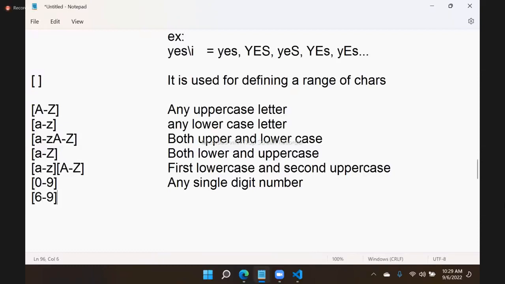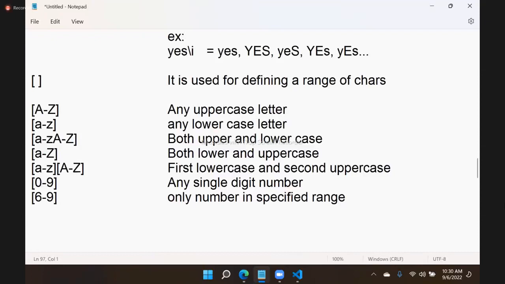Understood? It will not allow others. That means only numbers in the specified range. If I use /d, anything from 0 to 9. But if I use 6-9, it will be 6 to 9. Like this, you can put a particular range.